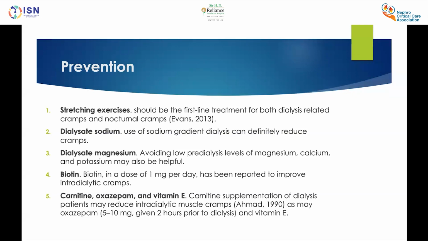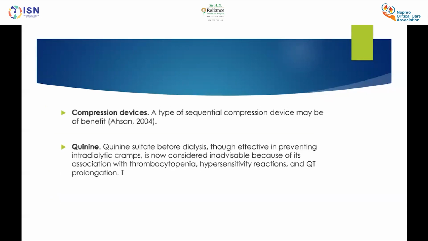And there were a few studies that reported results that could be achieved with carnitine, oxazepam, and vitamin E. Compression devices may be of benefit. Quinine they had tried earlier, but it is now considered inadvisable because of its association with thrombocytopenia, hypersensitivity reactions, and prolongation of QT interval.